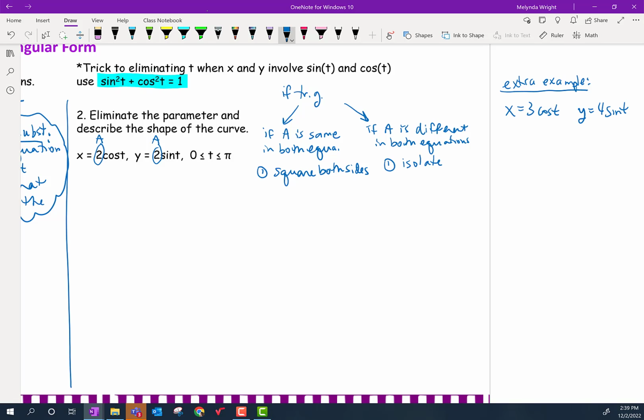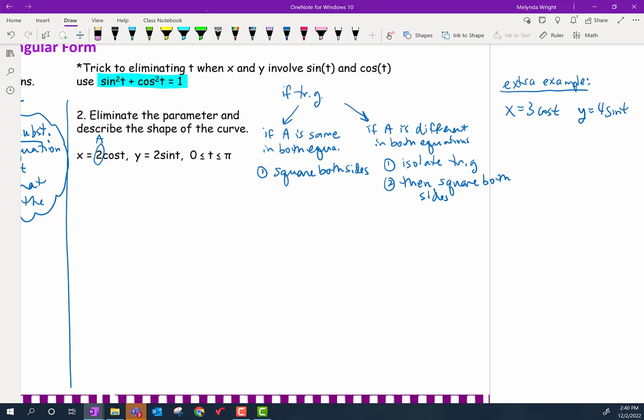Isolate means get by itself. We isolate trig, and then step 2, then we square both sides. There's just one extra step. If A is not the same.